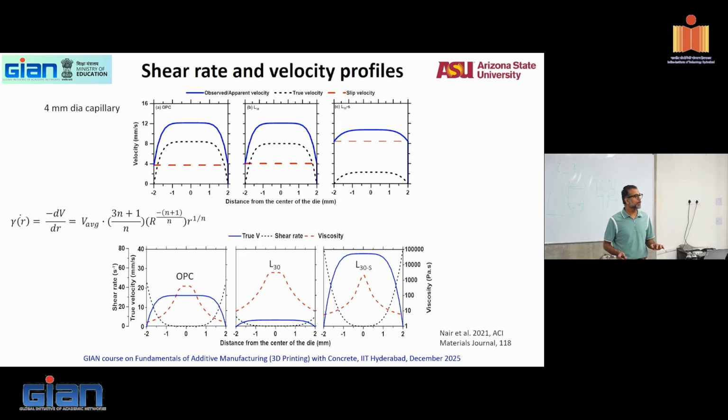So now what this will tell you is, if I know the shear rates that my printing process is actually subjecting me to, can I now take this mix into the lab and characterize it at that shear rate? Now you have one more correspondence between your lab measurement and your field measurement.